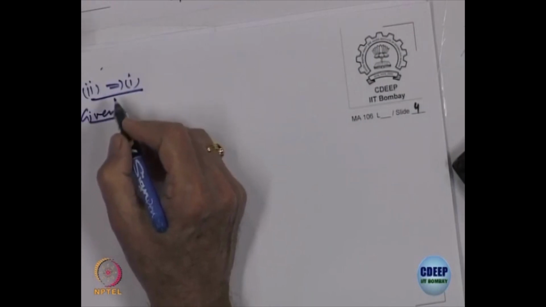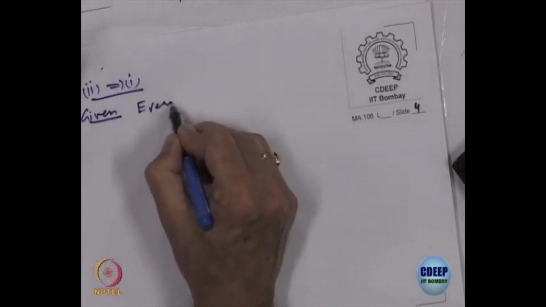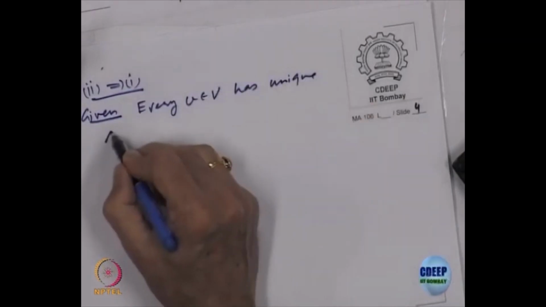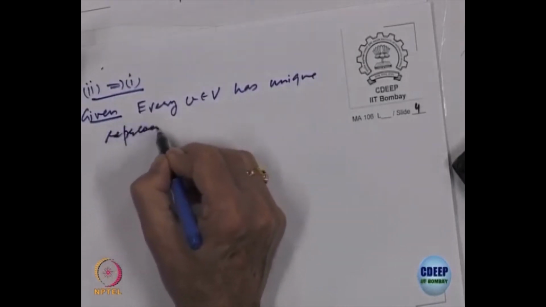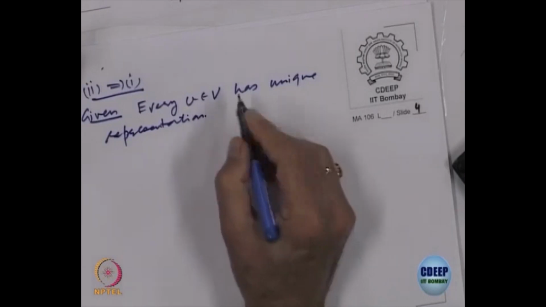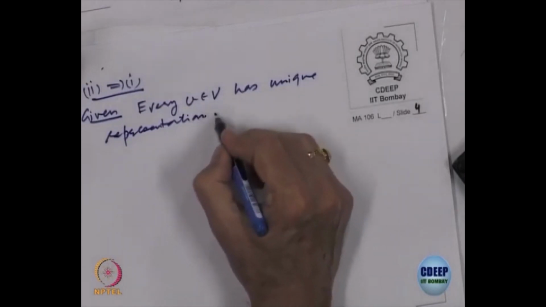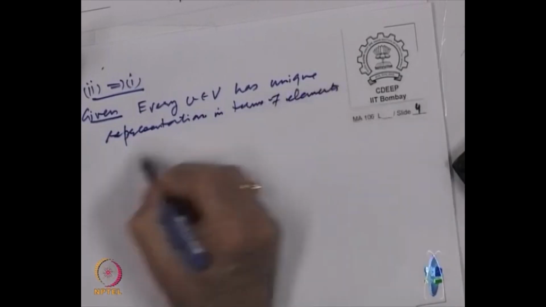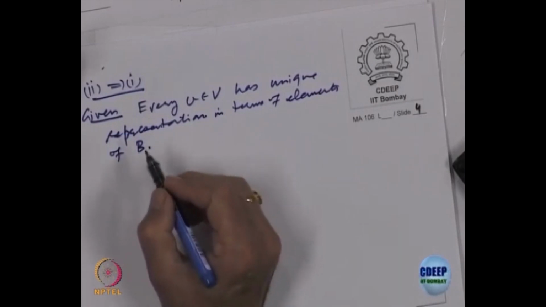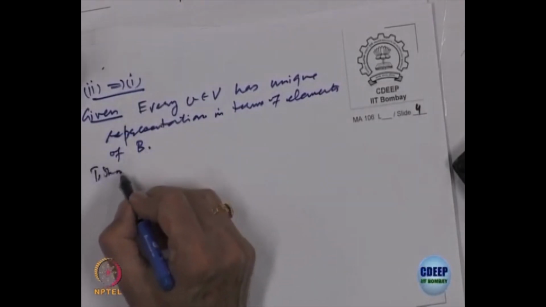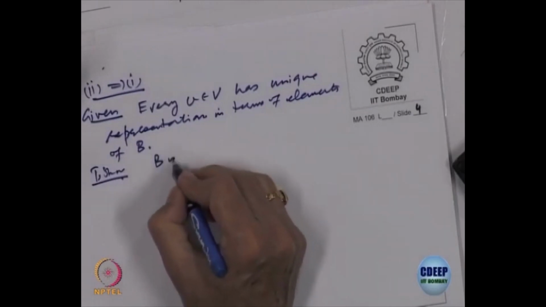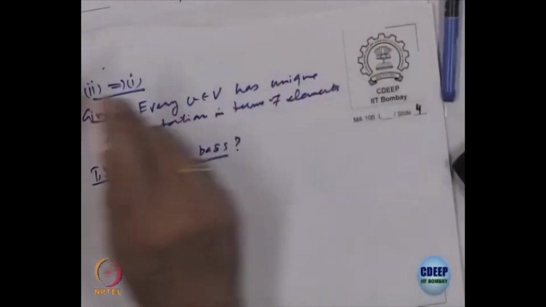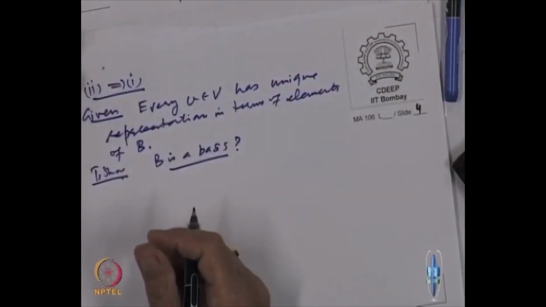Statement 2 says every element has a unique representation in terms of elements of B. What we have to show? B is a basis, that is to be shown, right. That is statement 1, that B is a basis.